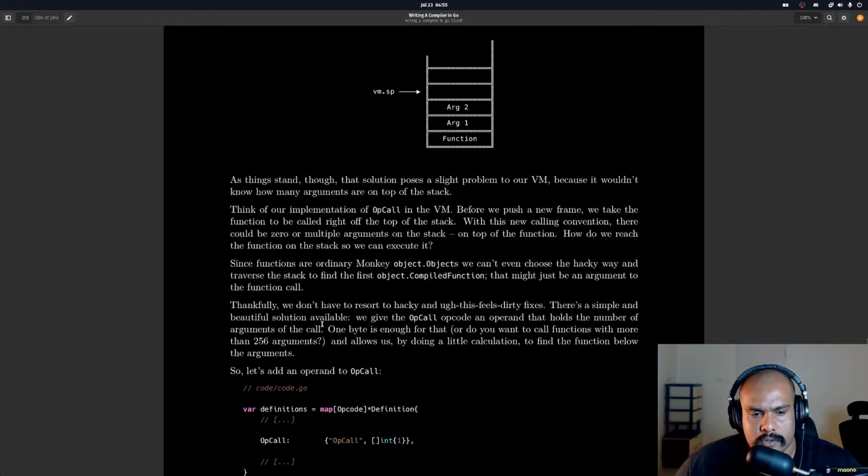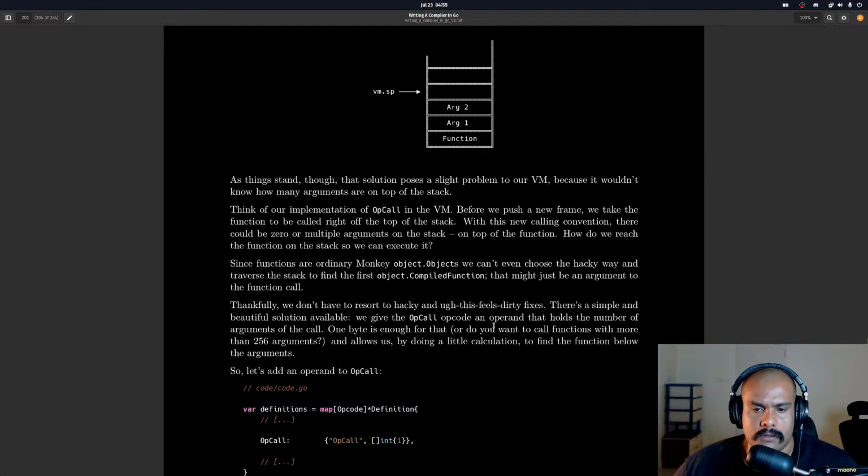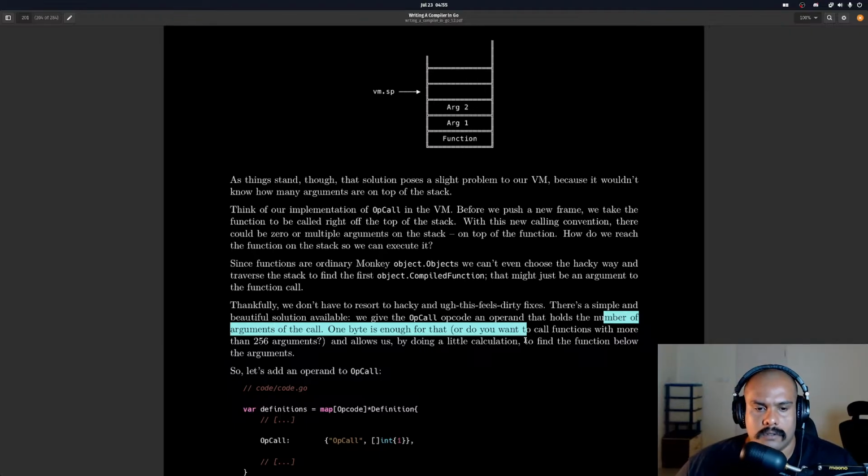There's a simple and beautiful solution available. We give the opcall opcode an operand that holds the number of arguments of the call. 1 byte is enough for that.